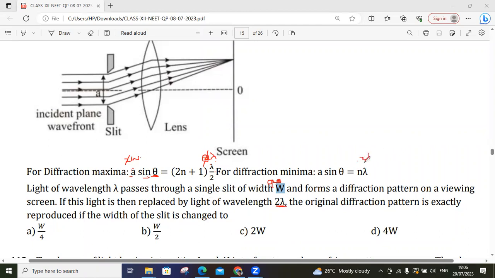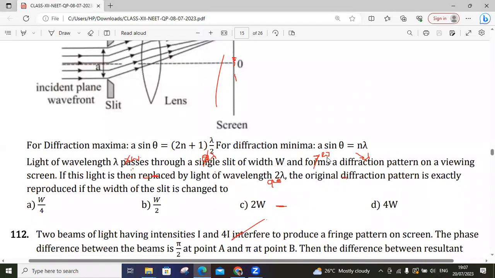Here also it is the same, 2 lambda, 2W, the 2 will cancel, and theta will remain the same. So all the fringes will again come at the same thetas, same positions. The pattern will not vary. So the answer is 2 lambda.